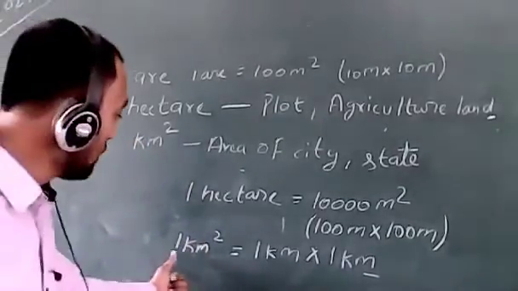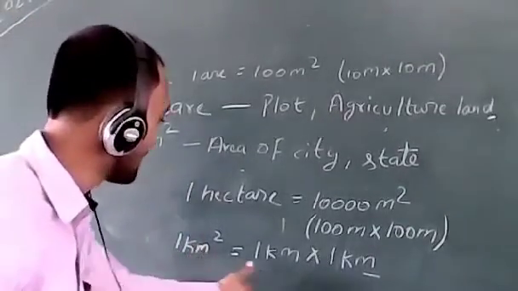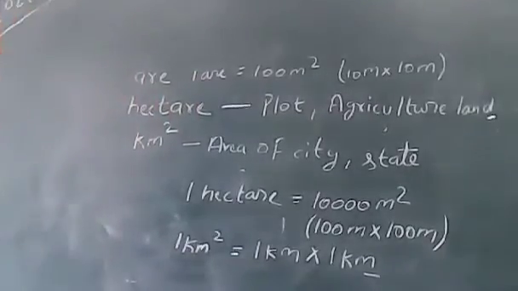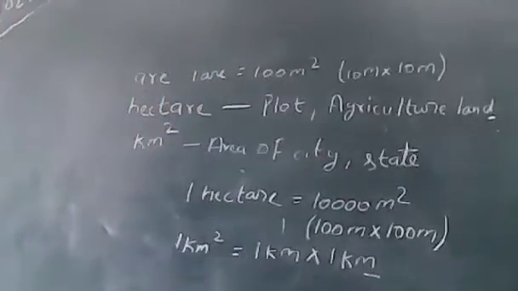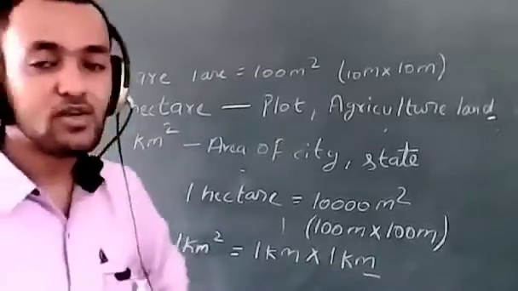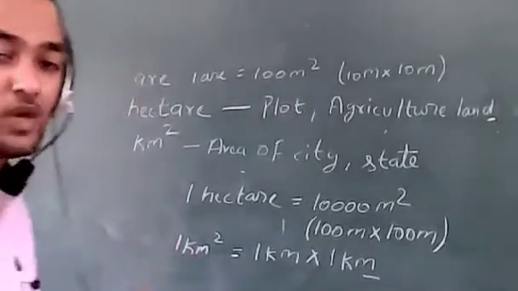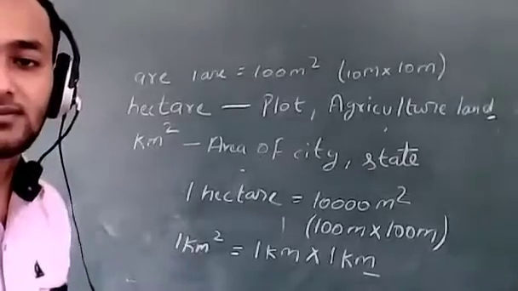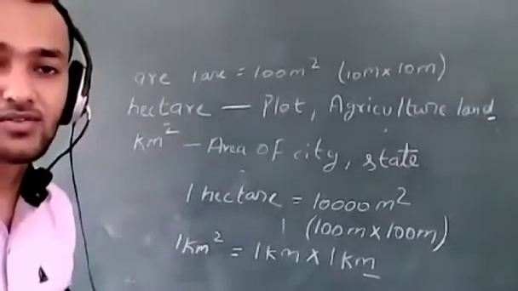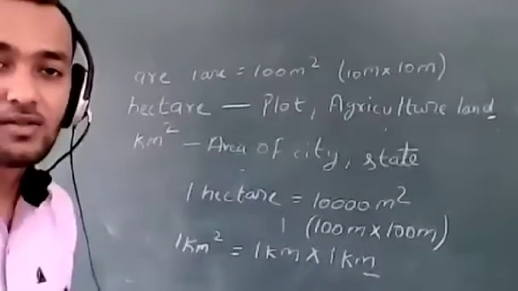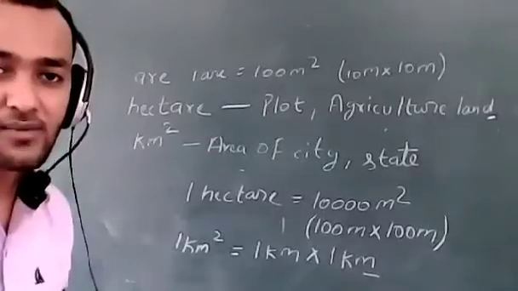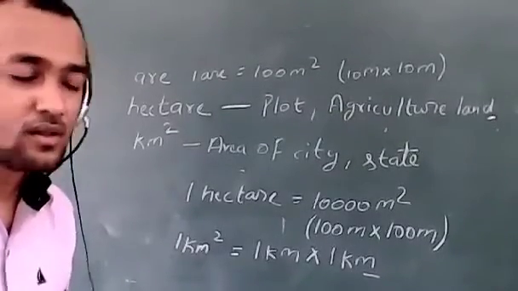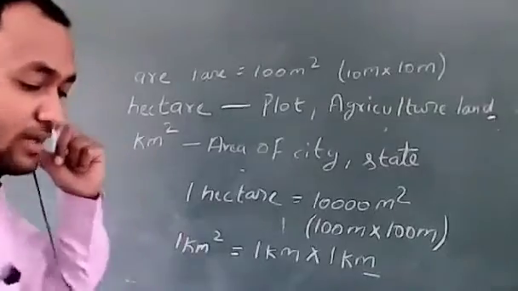So can you tell me how many meters square are there in 1 kilometer square? 1,000 into 1,000. You can tell me in terms of power also. 1,000 is equal to 10 raised to the power 3. So 1 kilometer square is equal to how many meters square? Sir, 10 lakhs. Okay, good.